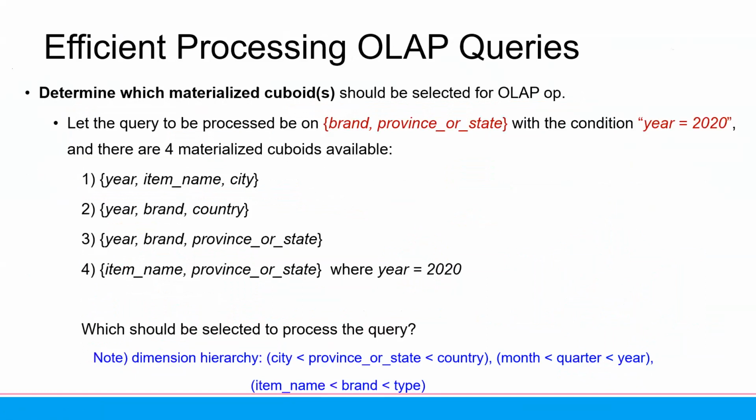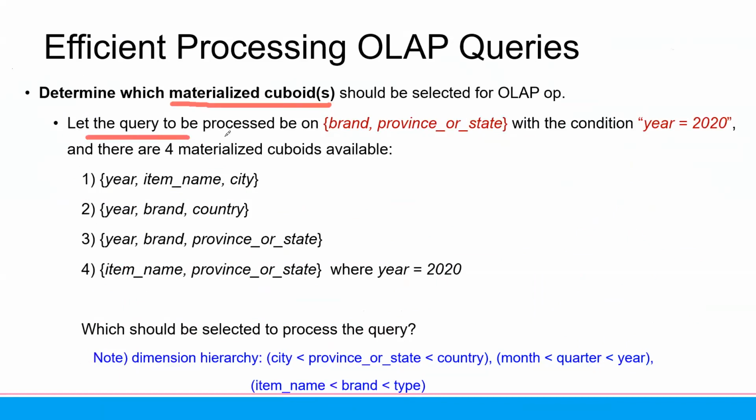So what I explained before, we can define what materialized cuboid you want to select. If you select the full materialization, it means you will select all attributes. If you want to partially select, then you can select only some of the attributes.